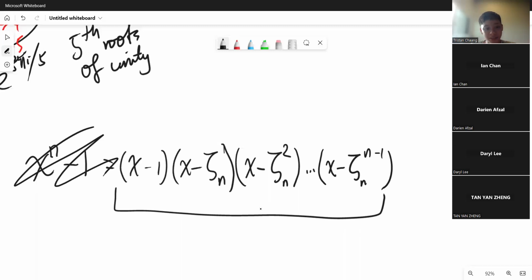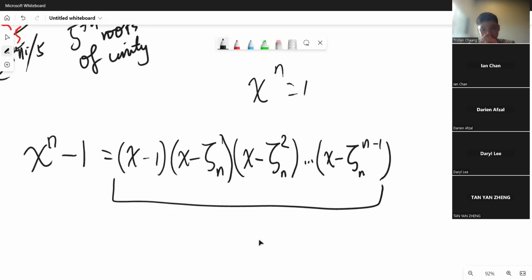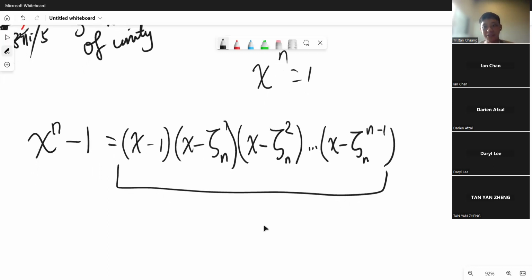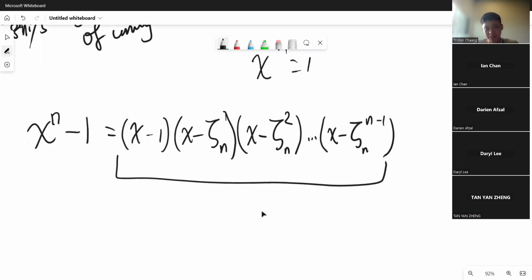But another way of thinking of it is that all of these roots satisfy x to the n equals 1. And since the degrees, both of them are also n, that means they are equal. x to the n minus 1 is equal to this. So that's another strategy that you can use: you can guess the solution first and then use some arguments to back it up, for example, that the degrees are the same.